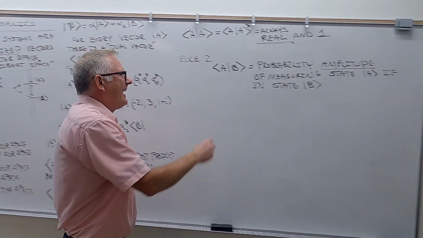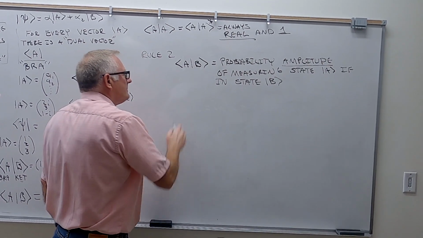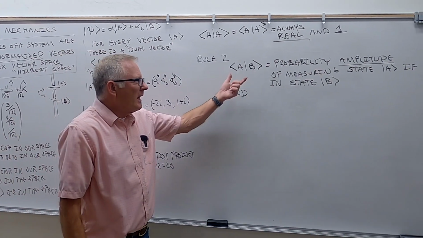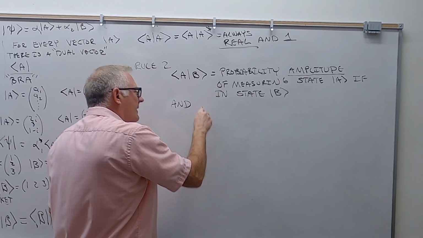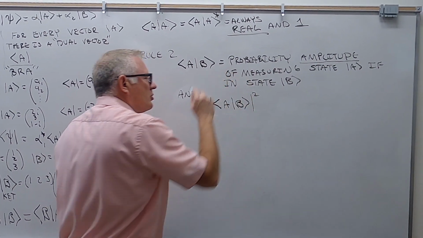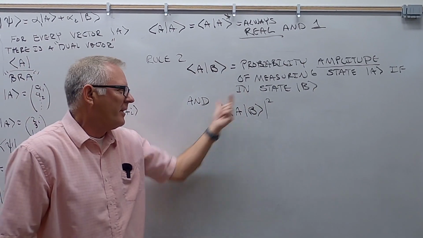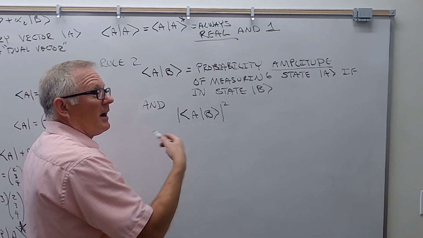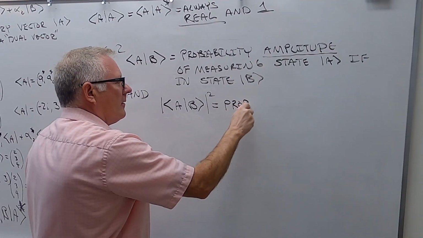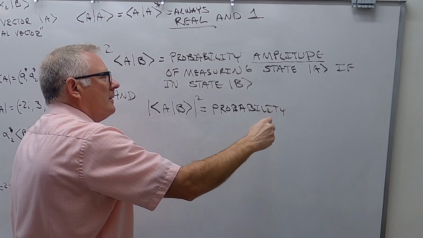I'm not done with this. How do I make it real? You multiply it by its complex conjugate. And this, A, B, squared. What does that mean? That means you're multiplying this whole thing by its complex conjugate, so it's real and positive, and it is equal to the probability, not the amplitude.